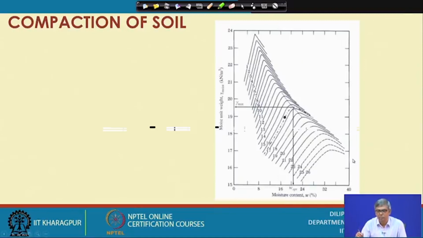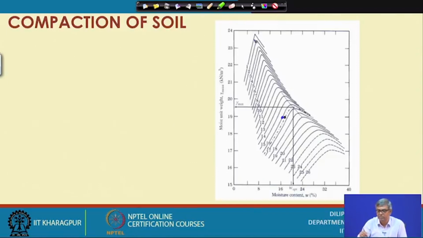This is another way. Of course, we can have curves of different energy levels here, and from there we can again put our one obtained point. Obviously they are all very close lines, so automatically the curve will fall somewhere here. From here also one can find the optimum.